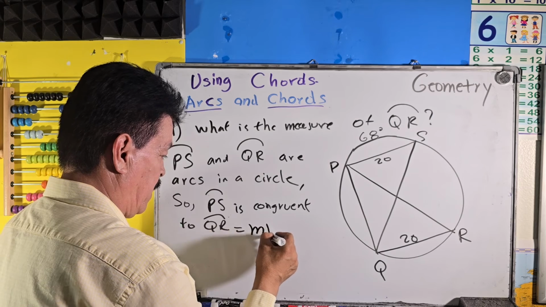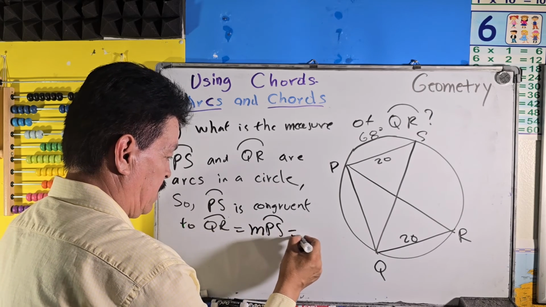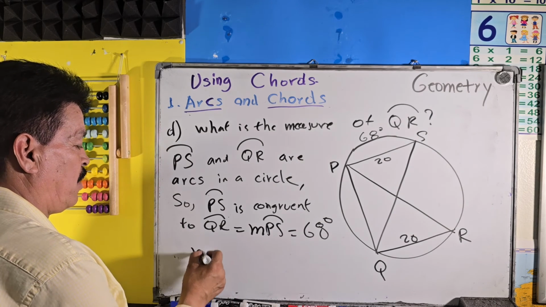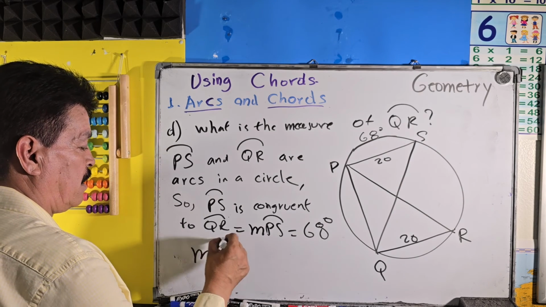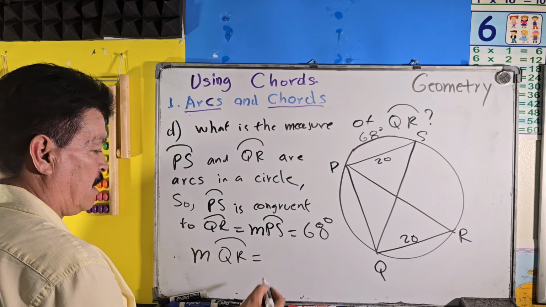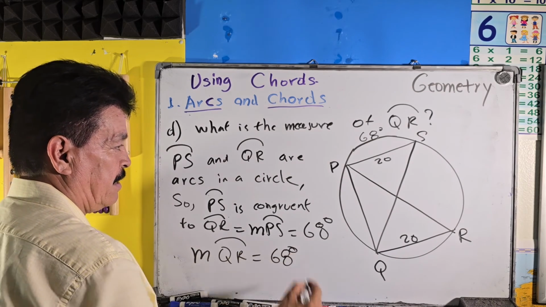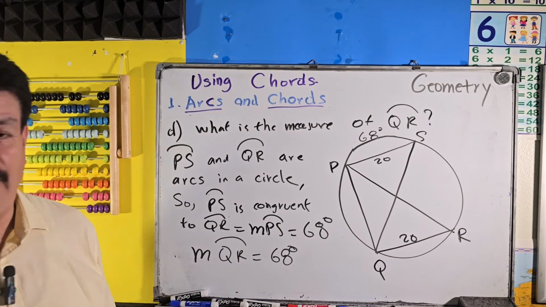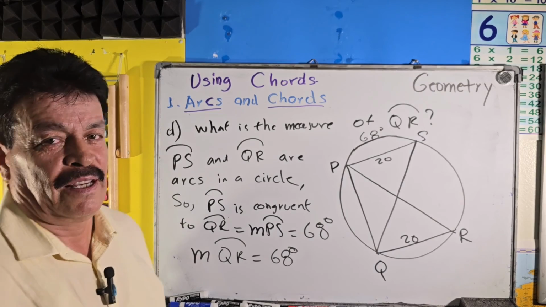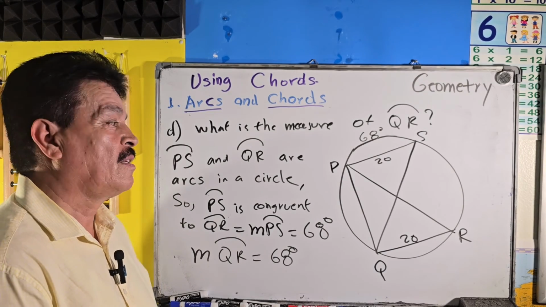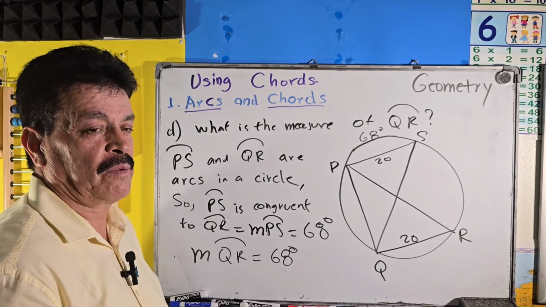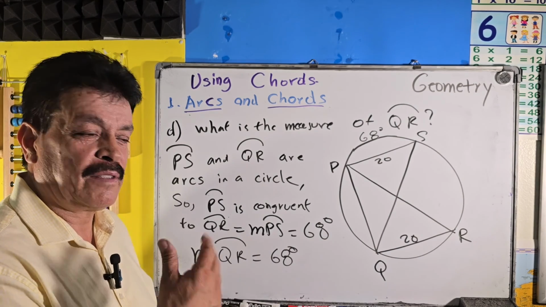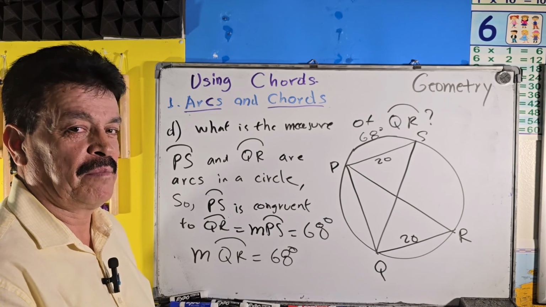The measure of PS equals 68 degrees. So the measure of QR equals 68 degrees, because they correspond. So it's simple, you don't have to think a lot in this problem, but it's very important when we are using circles in the future. This is the base for complex problems in mathematics.